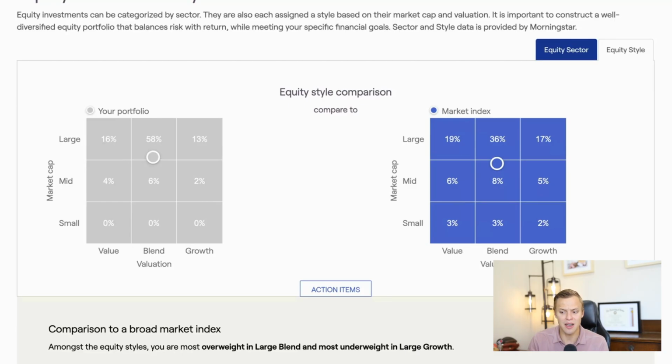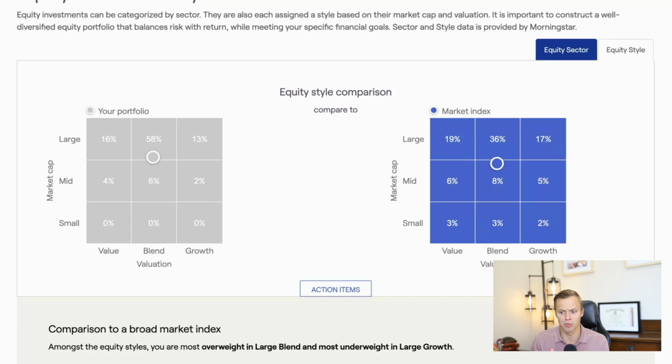And we can see here that amongst the equity styles, our portfolio is most overweight in large blend and most underweight in large growth. And we can see here that the market index is also invested in a large blend allocation. And so these percentages here resemble the exposure that we have into each equity style.